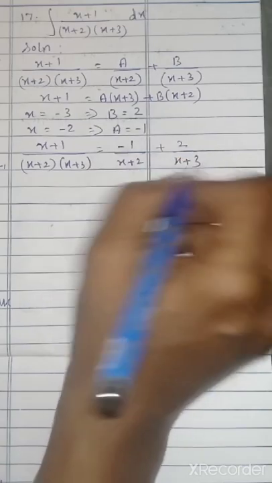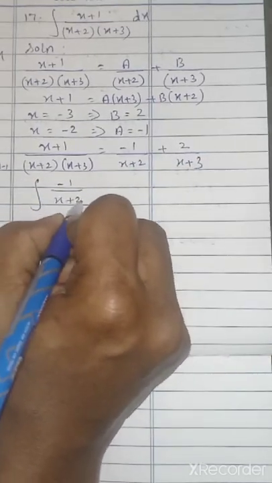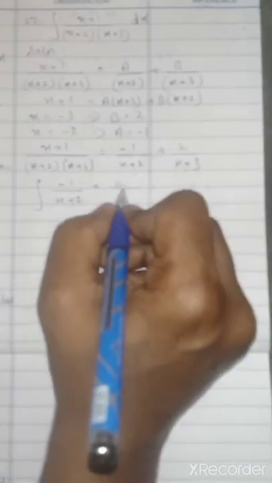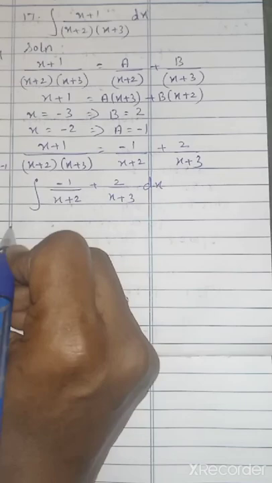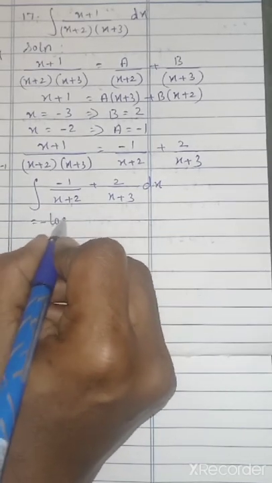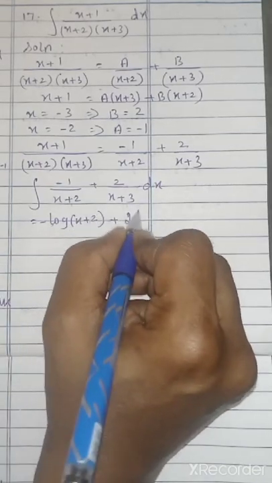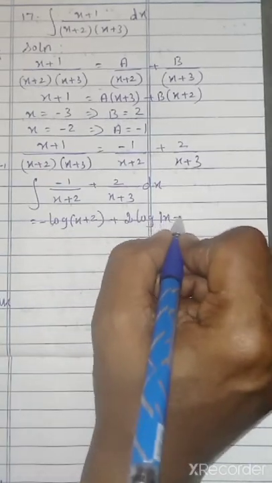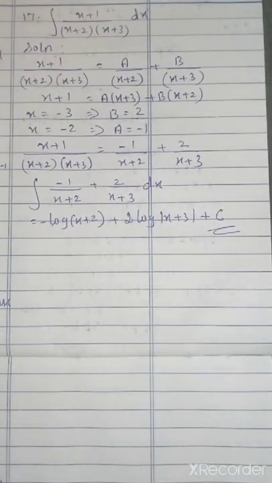Now we can integrate this one: integral of minus 1 by x plus 2 plus 2 by x plus 3 dx. Integral of 1 by x is log x. So minus log of x plus 2, plus 2 log of x plus 3, plus c is your final answer.